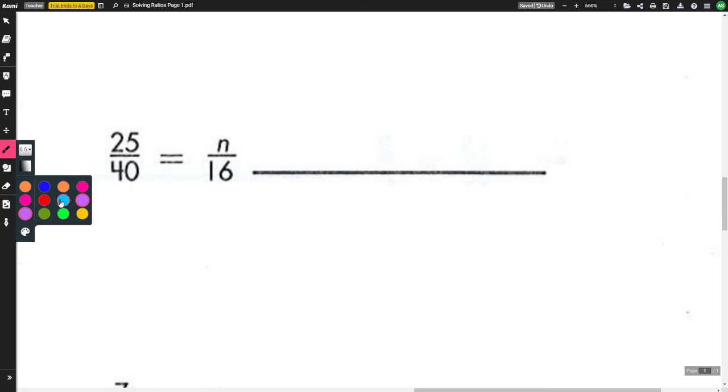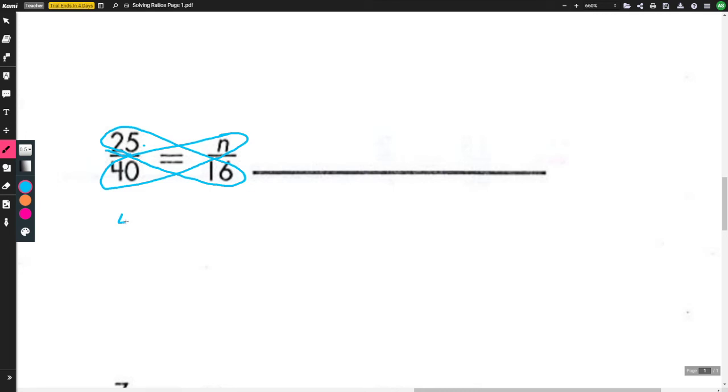I'm going to scooch down here. Okay, this one, I'm going to do the cross multiplying. So you just multiply here, this one, and this one, and this one. So this is 40n equals, I have to use a calculator for this one. Let me pull one up really quickly.